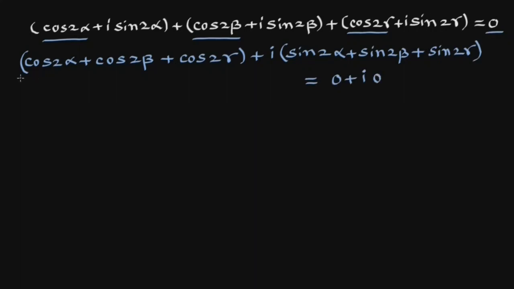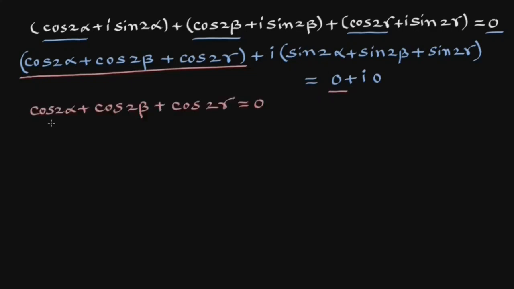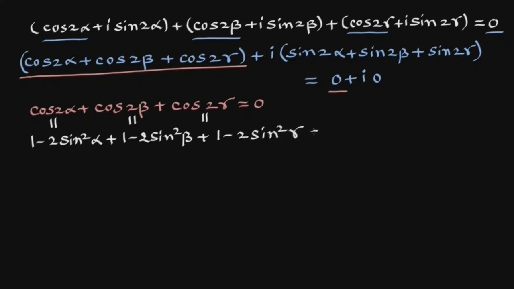Now we will equate this real part with 0. By trigonometric formula, cos 2 alpha is 1 minus 2 sin square alpha, cos 2 beta is 1 minus 2 sin square beta, plus cos 2 gamma is 1 minus 2 sin square gamma equals 0.